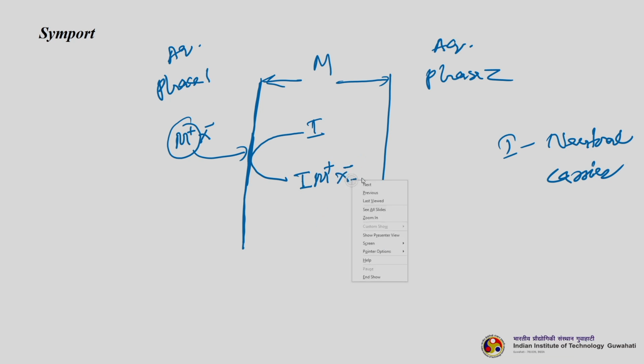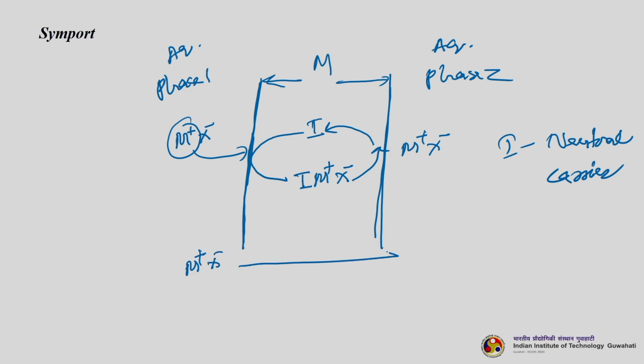Once it reaches the opposite side of the membrane, the phase 2 interface, it will release the salt M plus X minus and the I is getting renewed. So, both M plus and X minus are transported in the same direction, whereas I binds only to the cation.